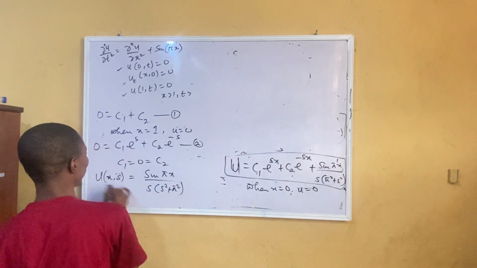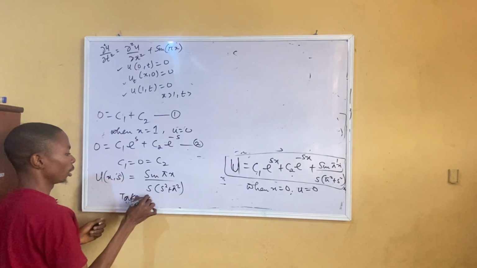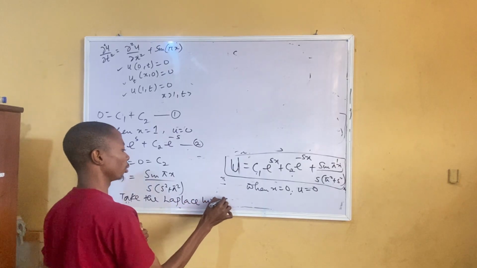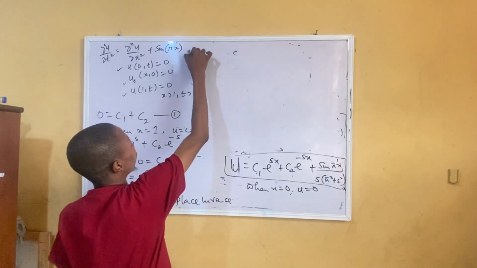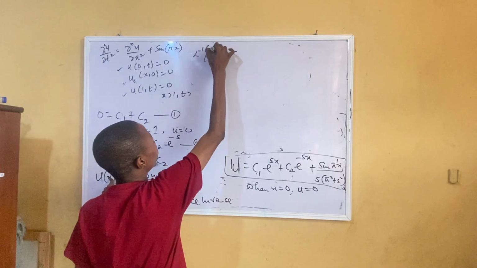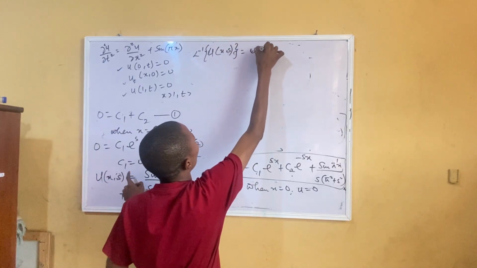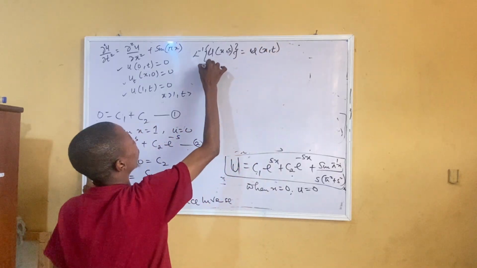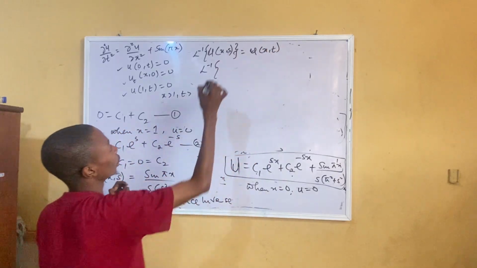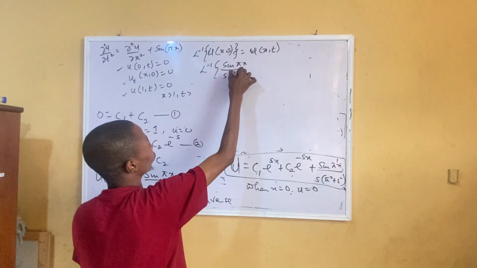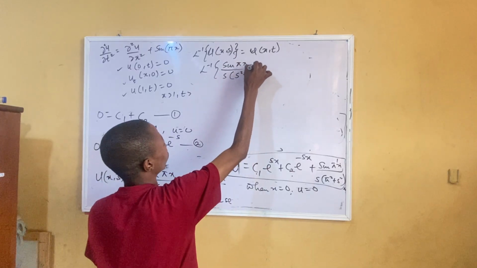So our general solution will be the Laplace inverse of this function. If you take the Laplace inverse of big U of x comma s, it will give you u of x comma t. Then you also take the Laplace inverse of sine pi x over s into bracket s square plus pi square.